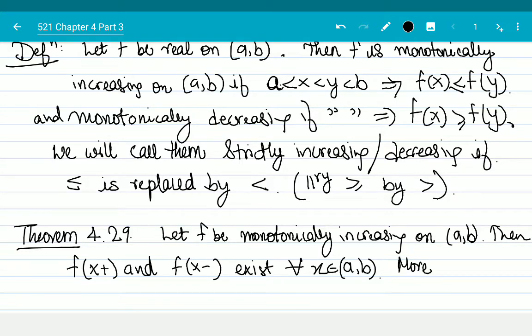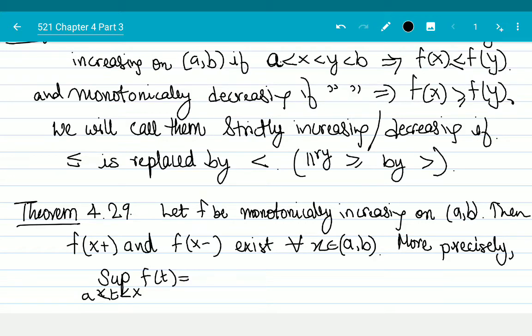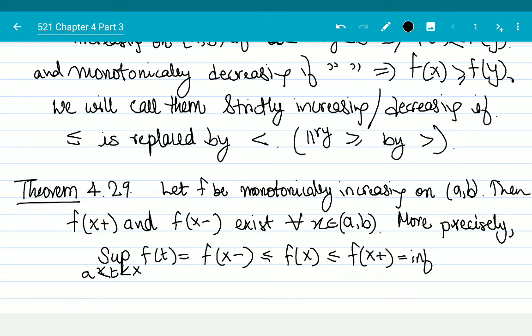More precisely, the supremum of f of t over a smaller than t smaller than x is equal to f of x minus, which is smaller than or equal to f of x, which is smaller than or equal to f of x plus, which is the infimum of f of t over x smaller than t smaller than b.